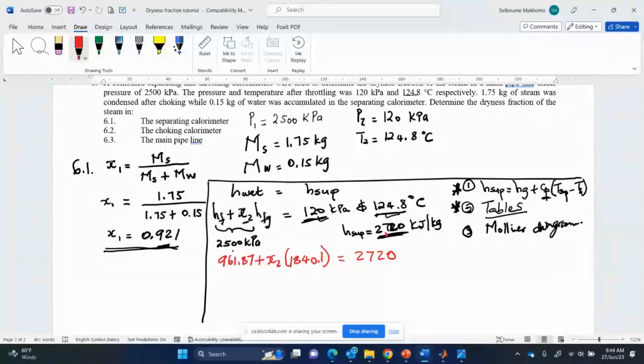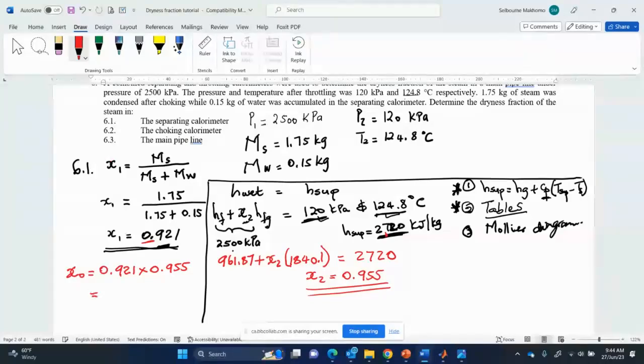So X2 is 0.955. Therefore, the last question, which is 6.3, says calculate the dryness fraction in the main pipe. In other words, X0. So X0 is equal to this value, 0.921, multiplied by 0.955.